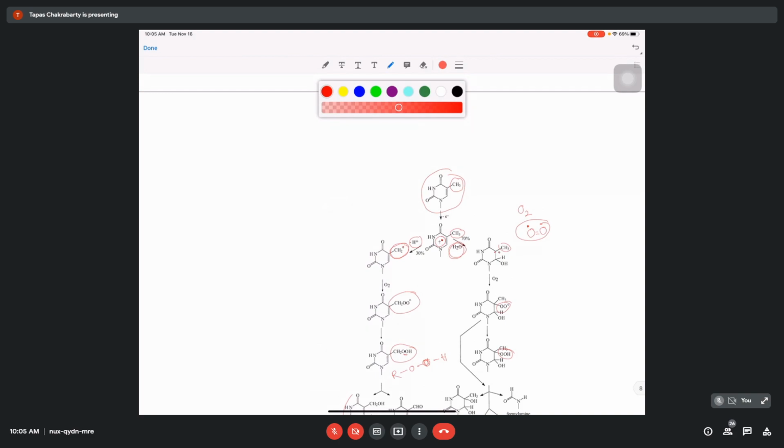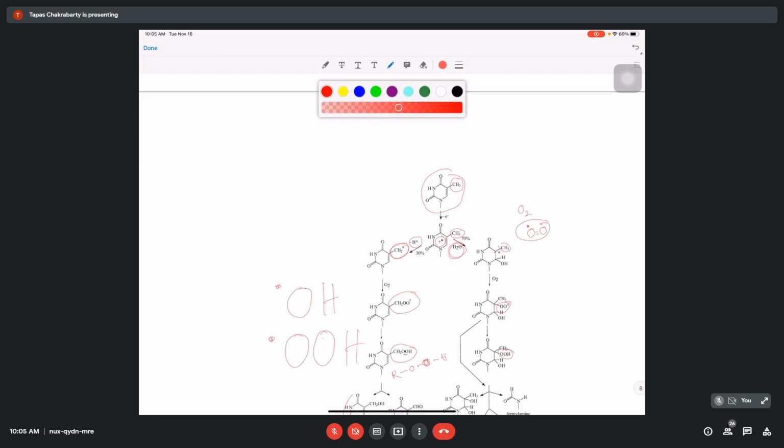Now, in the biological environment, there is the OH radical, and of course the peroxy radical. The peroxy radicals are common here. So this hydrogen peroxy radical is something like this.